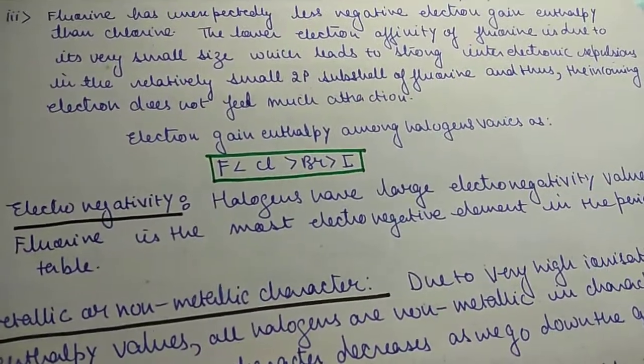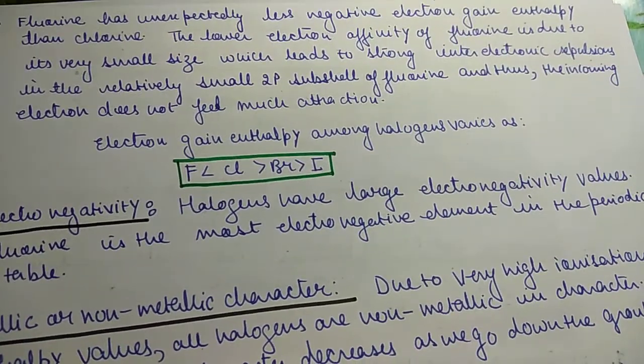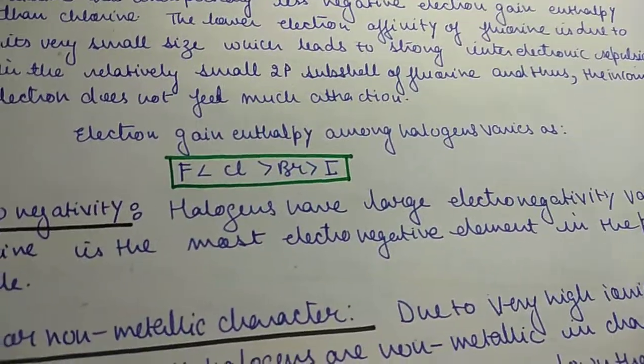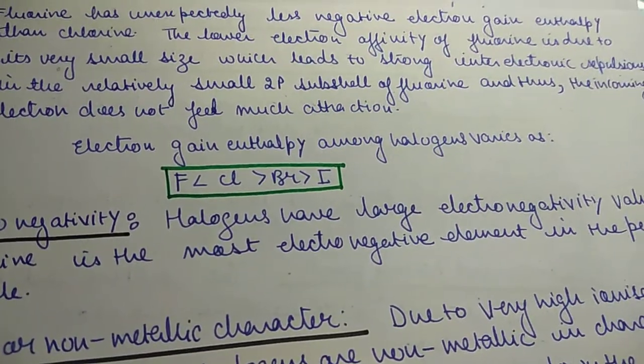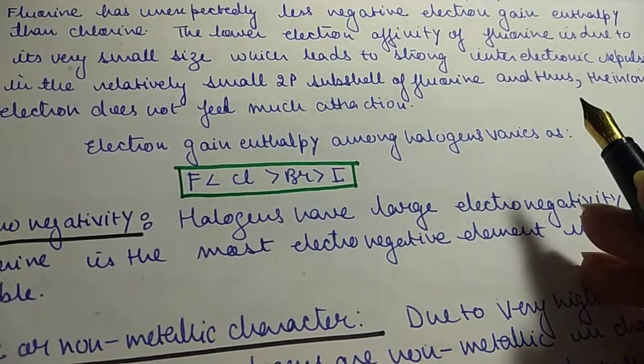Now the lower electron affinity of fluorine is due to the very small size of fluorine, which leads to strong inter-electronic repulsions. Now what happens due to small size of fluorine?